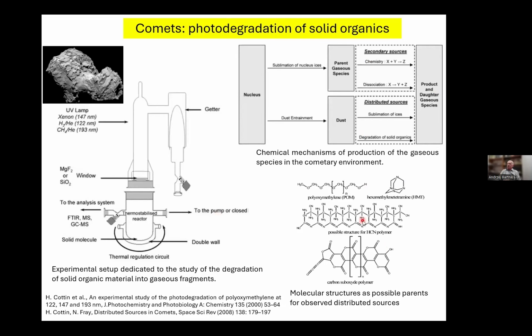There is a hypothesis that in the cometary nucleus, we have complex polymer molecules, and these molecules are irradiated by the sun's photons, and these photons destroy the bonds, and some volatile molecules are being emitted and detected in the atmosphere.